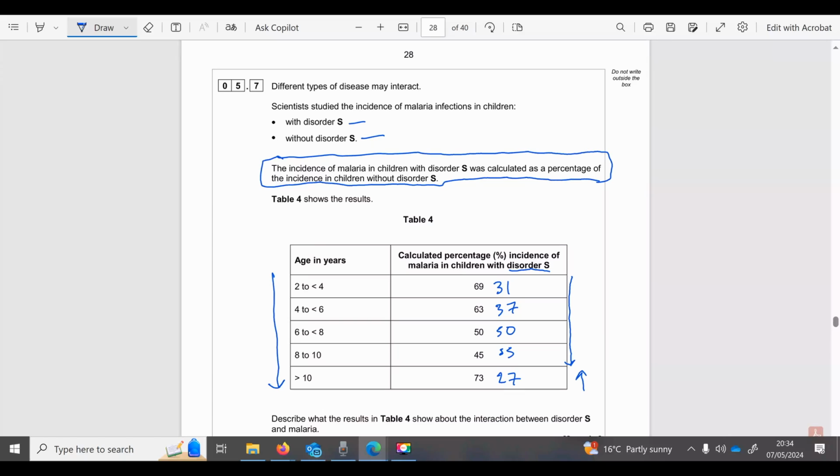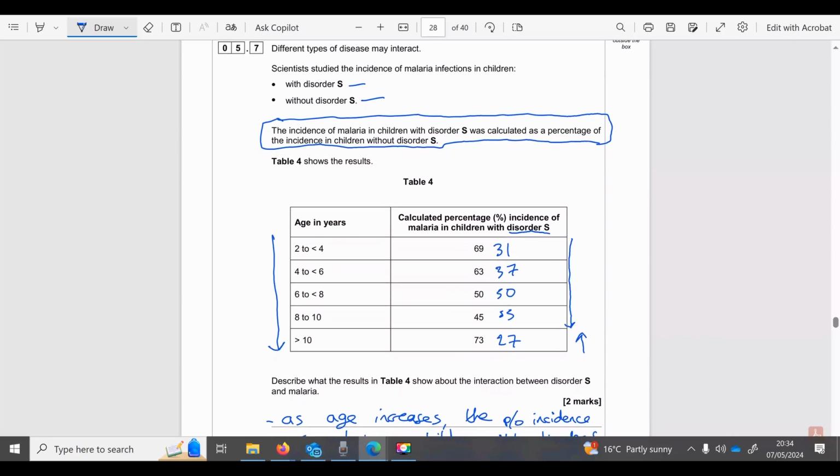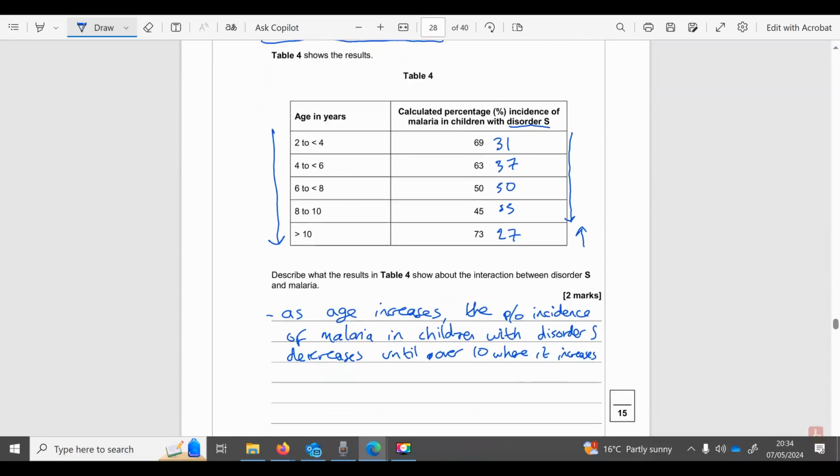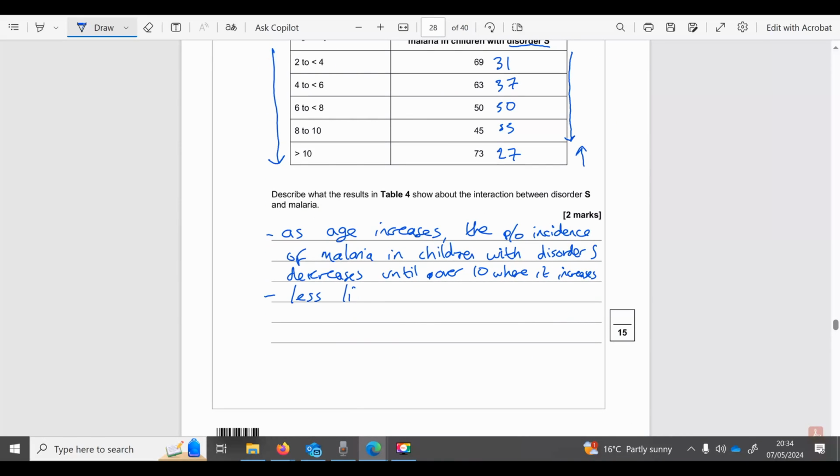So what is that actually telling us? Looking at interactions here, it's telling us that if someone has malaria and someone has disorder S, they're actually less likely to develop malaria if they have disorder S. And that should be our next point.